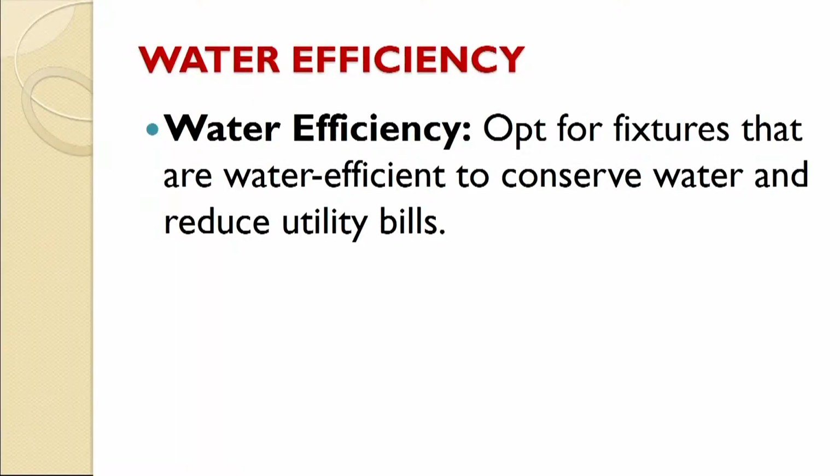Another point is water efficiency. We always opt for fixtures which are water efficient and help in conserving water and reducing utility bills. If you just remember your childhood, you had a different type of faucet, which if you opened, would give you plenty of water.